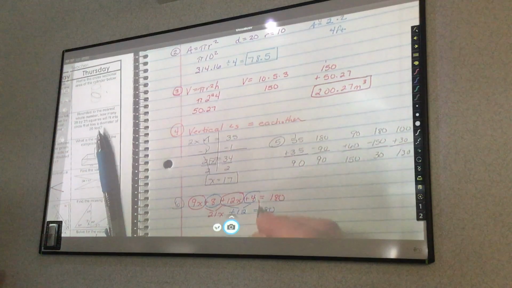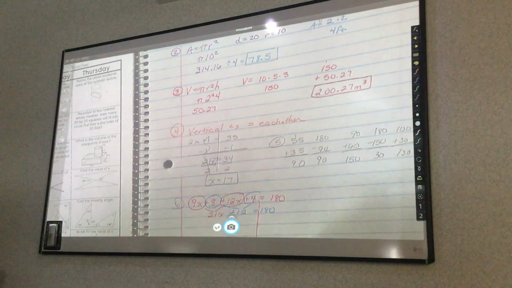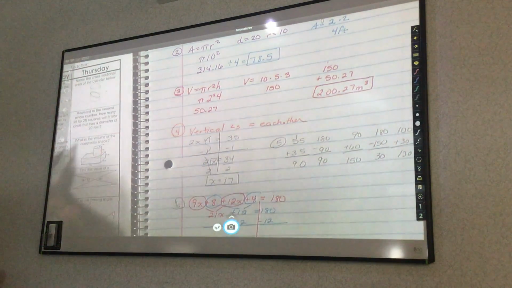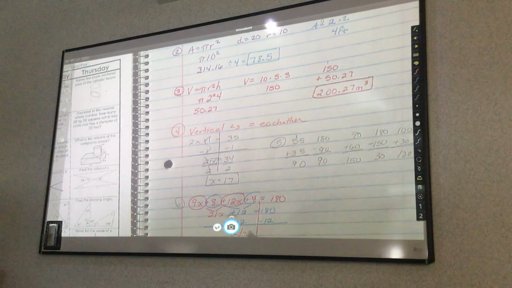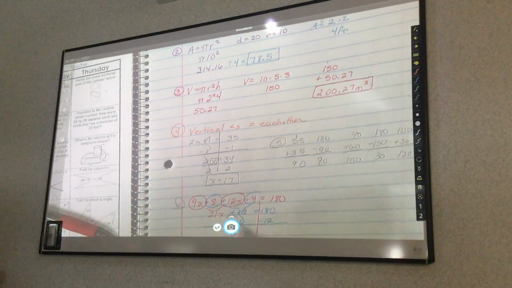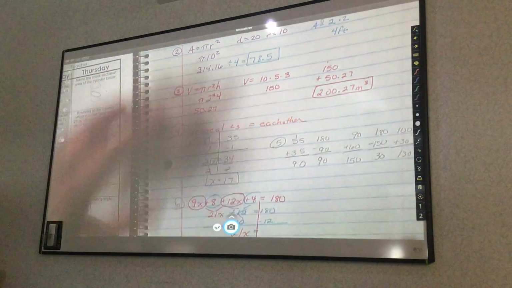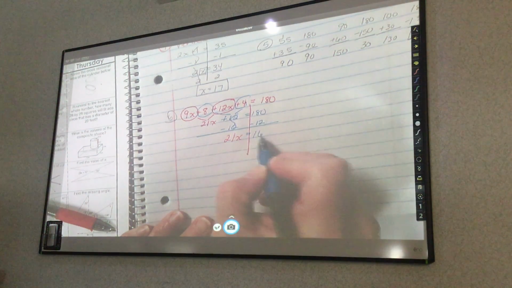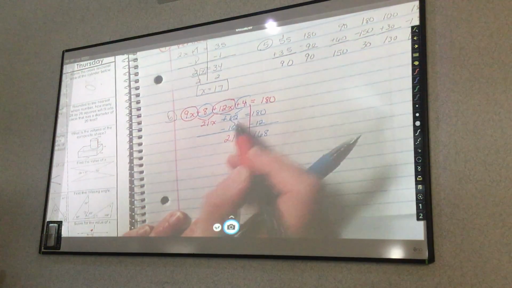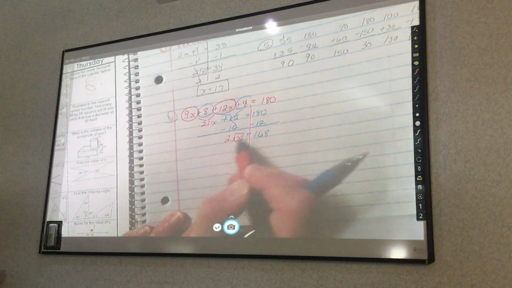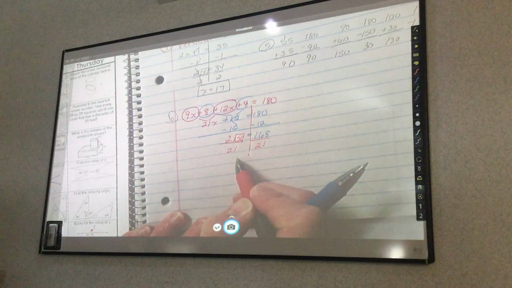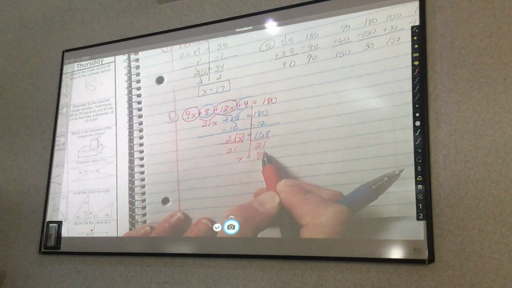So then I'm going to draw my line, and I'm going to subtract 12 from both sides. So I'm left with 21x, because these 12s cancel each other out. Equals 180 minus 12 is 168. And I'm going to box up my x, divide by 21 on both sides. So x equals 8.